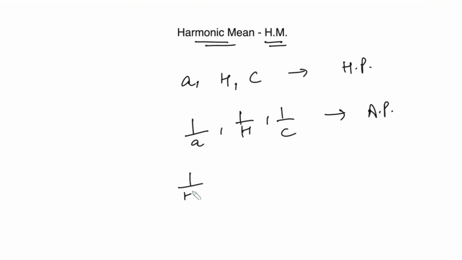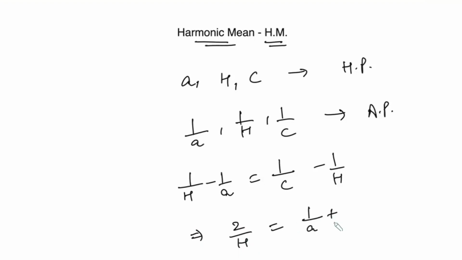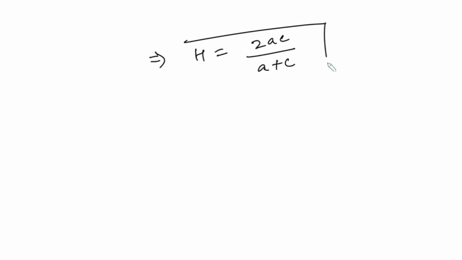So 1 over H minus 1 over A is equal to 1 over C minus 1 over H, which gives us 2 over H is equal to 1 over A plus 1 over C, or H is equal to 2AC over A plus C. Here, this value of H is called the HM between two numbers A and C.